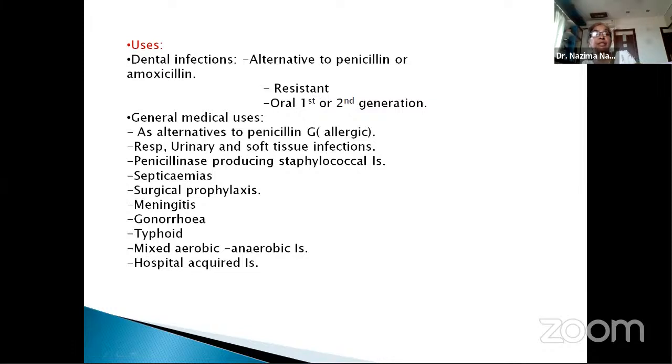So where the patient is resistant or allergic, in such cases these drugs can be used. In dental infections, we generally prefer the oral first or second generation cephalosporins, because they are more effective on the organisms present in the oral cavity.